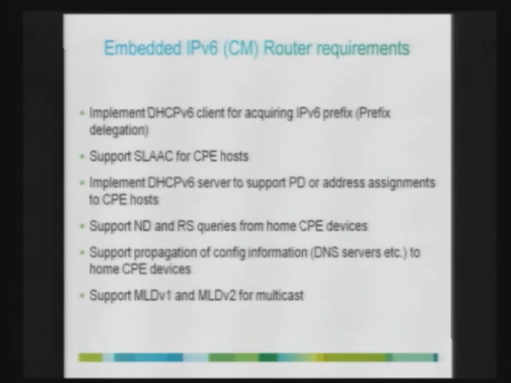But keep in mind, prior to that, the cable modem might have already acquired another management address, because this prefix is being requested by the embedded router so that it can assign additional subnets for the links connected to that router on the CPE side.